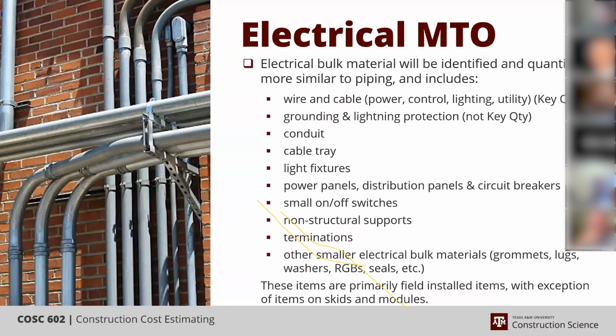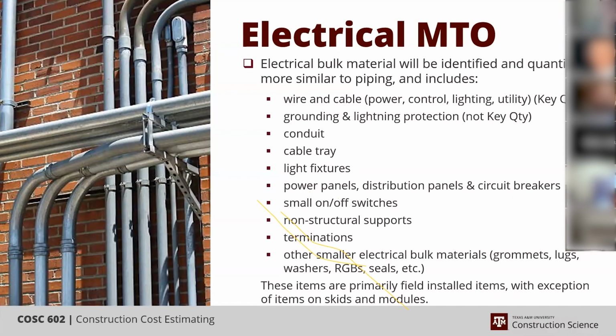Because the process is what drives your cost. And that's what makes the difference between this chemical plant and that refinery and then the next power plant. They all three are producing something very different. So they have different ratios and they should end up having different results. So the grounding and lightning protection kind of get rolled into the results of your key quantities.